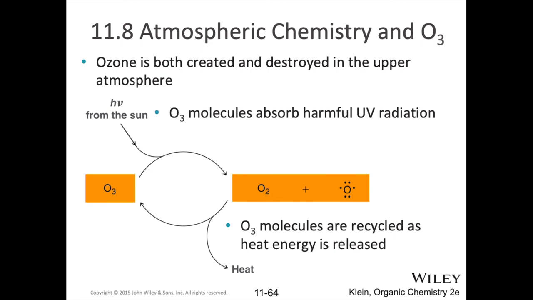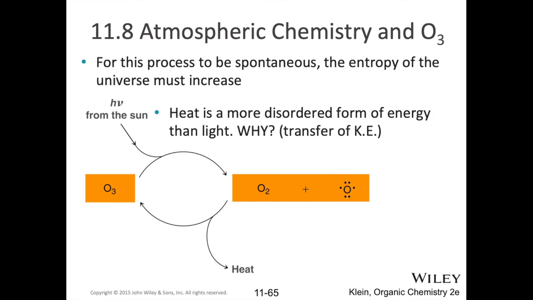And this is one way that the ozone layer protects us from those harmful higher energy wavelengths like UV, because it pretty much absorbs that radiation to form oxygen. So essentially, this is a spontaneous process, right? We're producing heat as a product here, which goes along with the second law of thermodynamics.